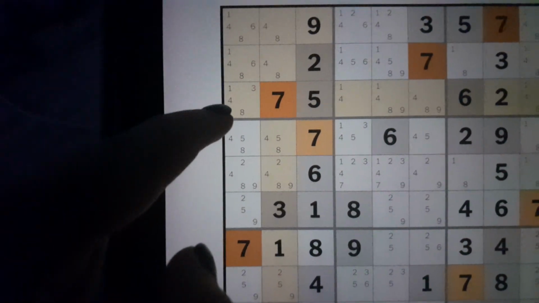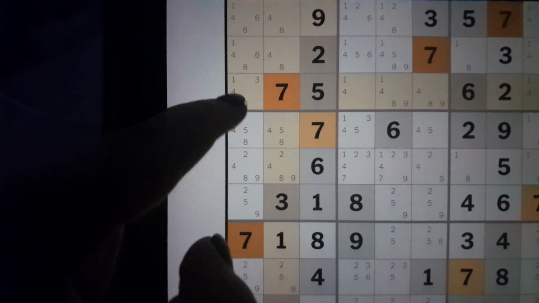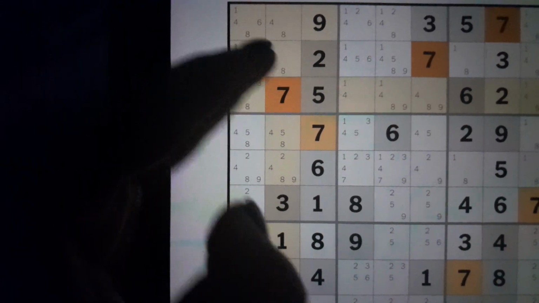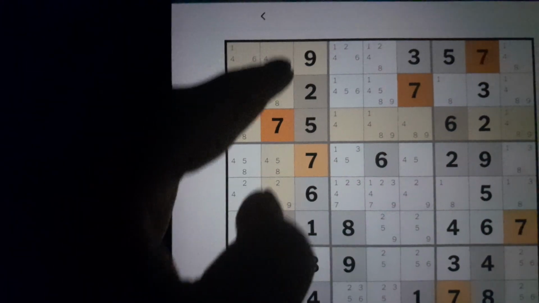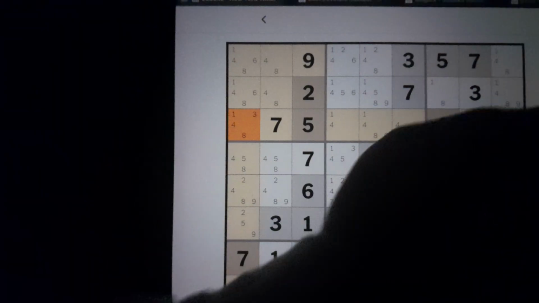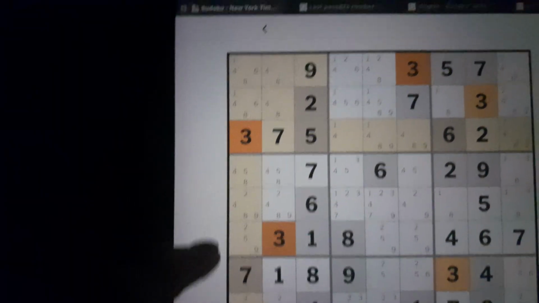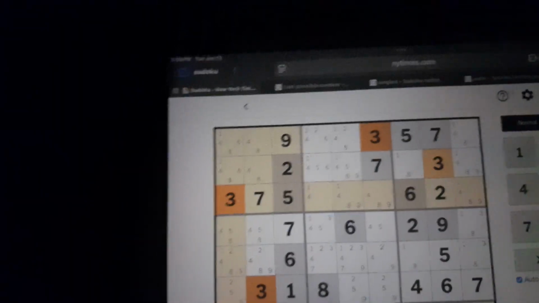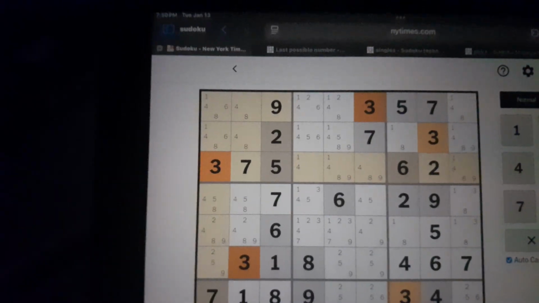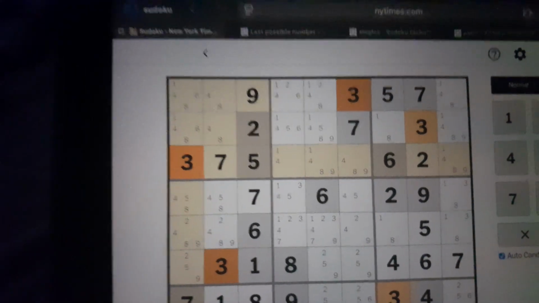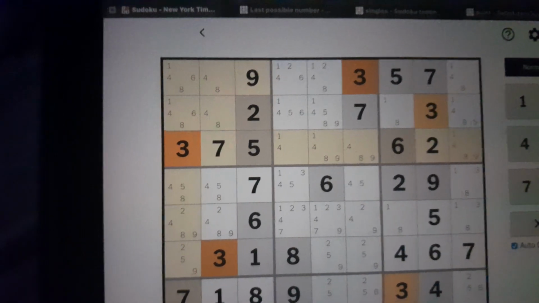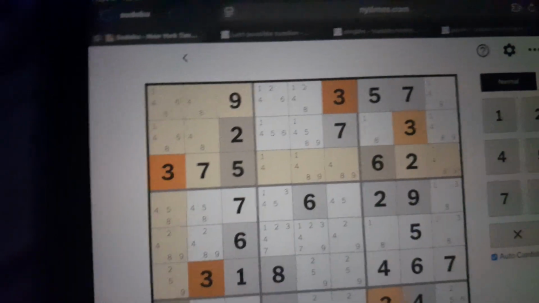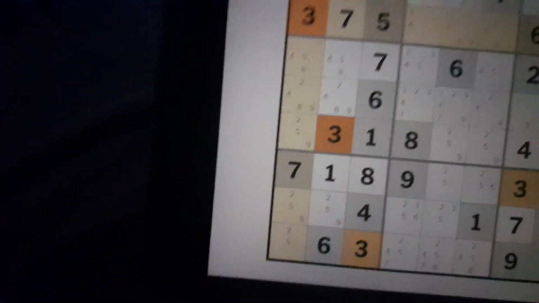For this one, we pretend the 4 and 8 aren't here. We have 1 and 3. 3 doesn't appear as a possibility anywhere else, so that's where we will place it. So again, you find one of these pairs and you mentally remove it from any other cell within that block as a possibility.